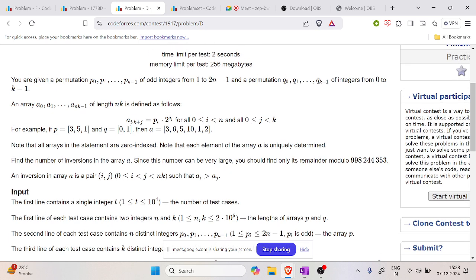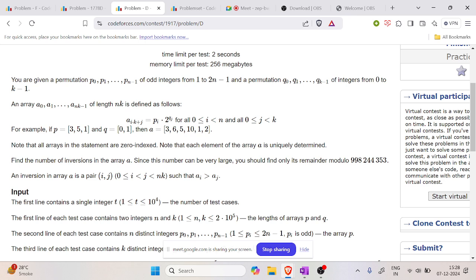An array of length nk is defined as follows, with p_i times 2 to the q_j. So basically, in the first element you write p naught times 2 to the q naught, and then you write p naught times 2 to the q1, and so on.